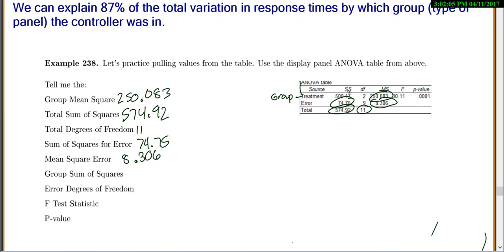Group sum of squares, that would be the group or treatment row, so 500.17. Error degrees of freedom is 9. Our F-test statistic is here at 30.11, and our p-value is 0.0001.